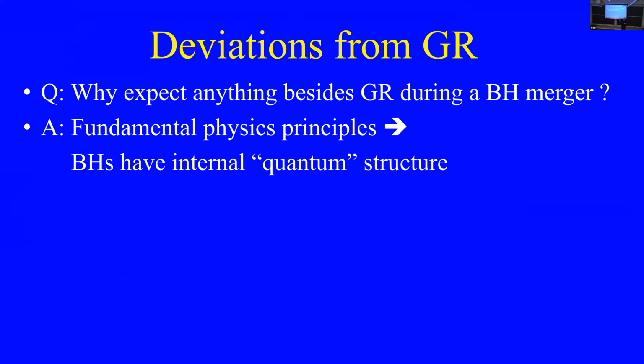Now, my premise is that black holes have to have some internal structure, because we know that quantum theory persists also for black holes. They have to be unitary, and so they have to have some internal matter. I don't want to discuss it too much. It's just my basic assumption.